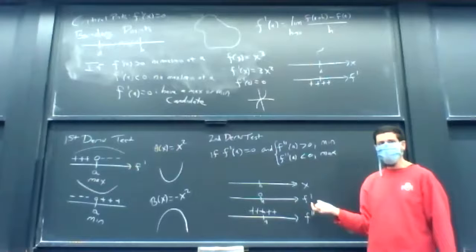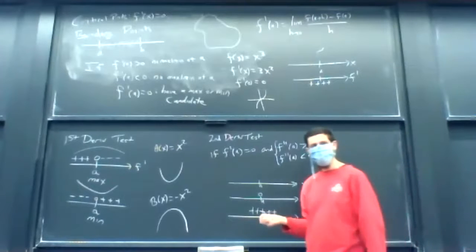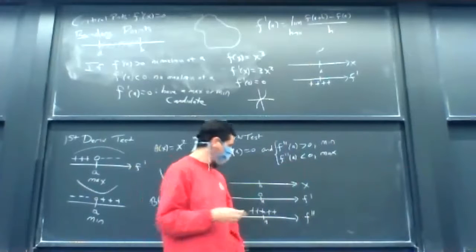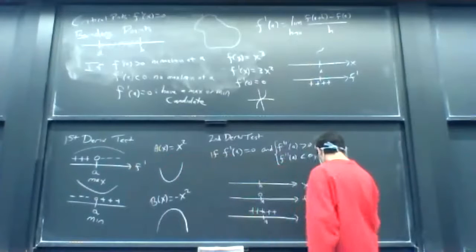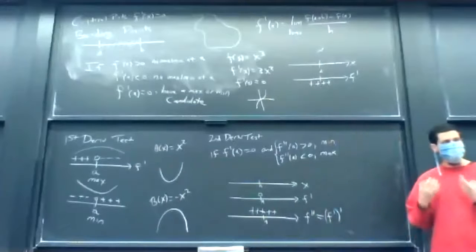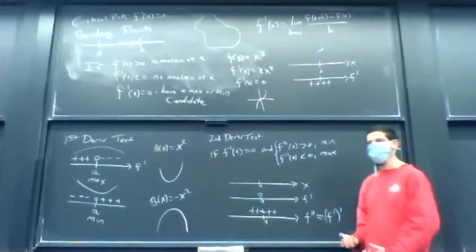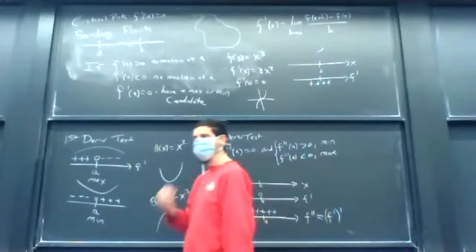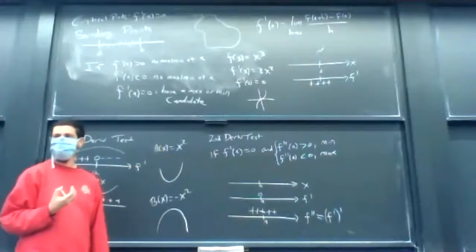Who has f double prime as their derivative? F prime, right? F double prime is the derivative of f prime. The derivative tells you something about the original function. So f double prime tells us about which function?